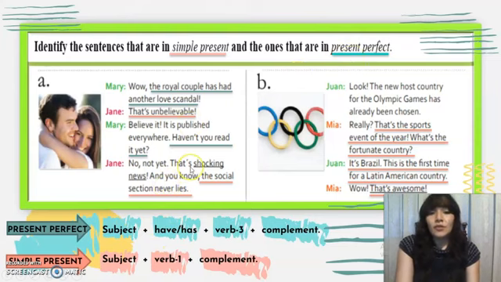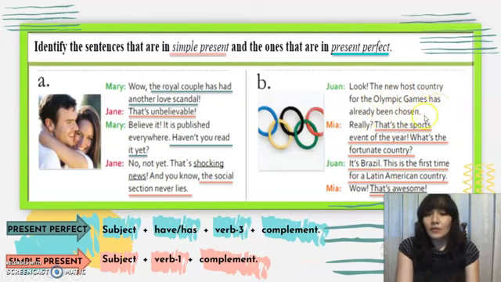And also we have another one here, that's shocking news, so it's simple present. And finally, the social section never lies. This corresponds to simple present. And here we don't have any present perfect, so don't get confused, because in this part we have the Olympic Games has already been chosen.